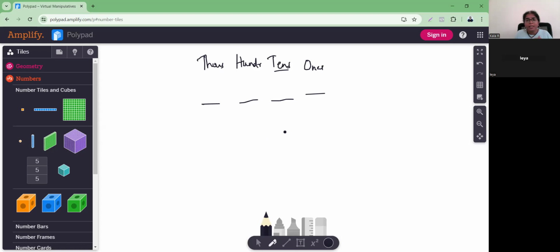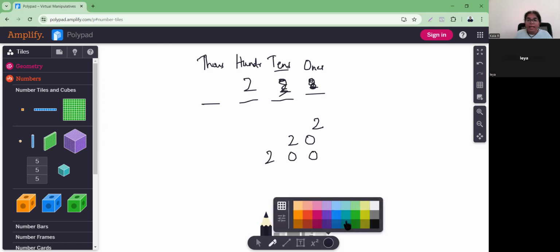Now, if we see the characteristics of this, if I have a 2 here, the value of the whole number is only 2. But if I put the same 2 in this place, the value becomes 20. If I put the same 2 in this place, the value of the number becomes 200. So what do we see?